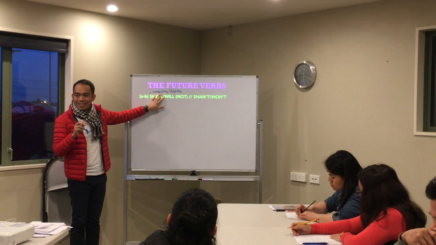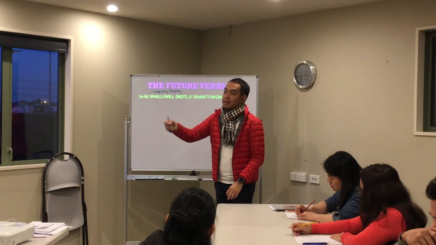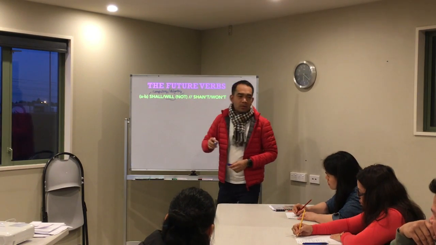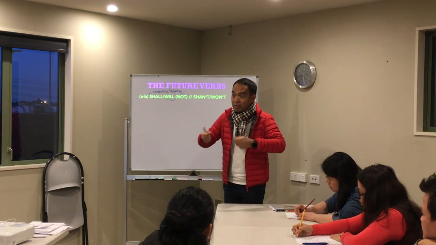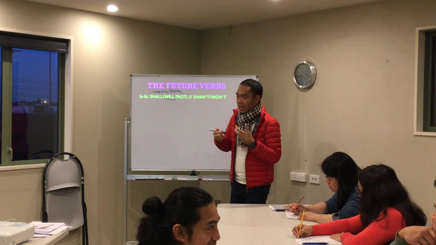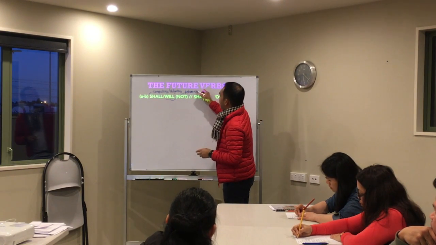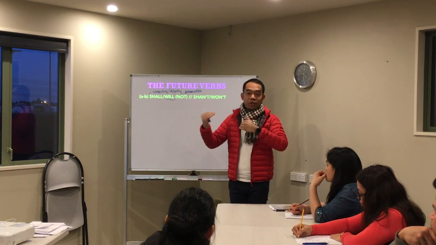Sounds like obligatory, therefore. Okay, guys, when you say will, it shows determination. For example, I don't know how to cook, but I will cook. So I'm determined to do it. However, guys, in usual practical English, shall and will are interchangeable.